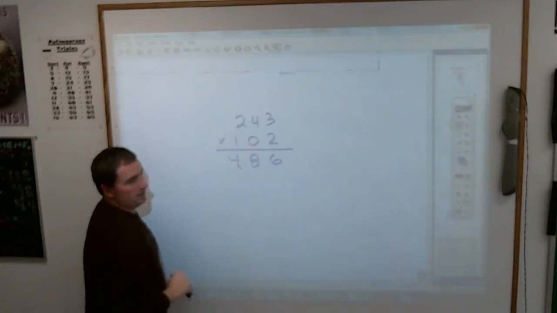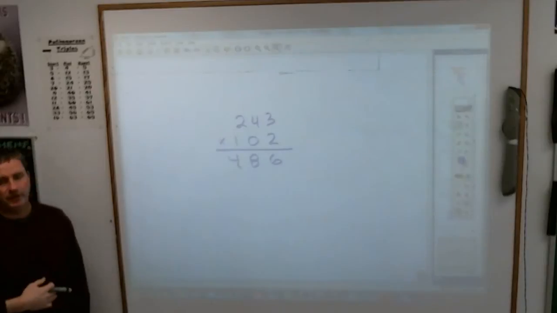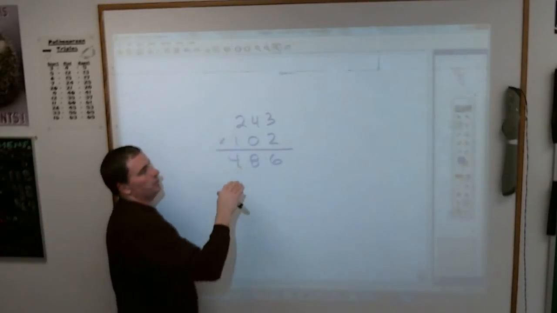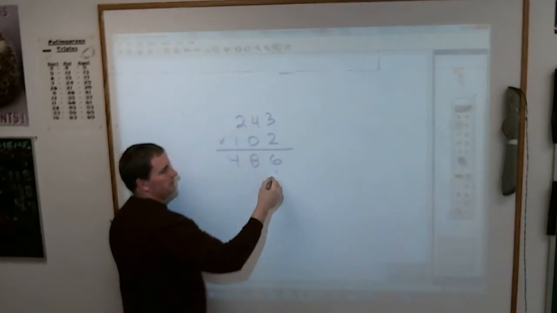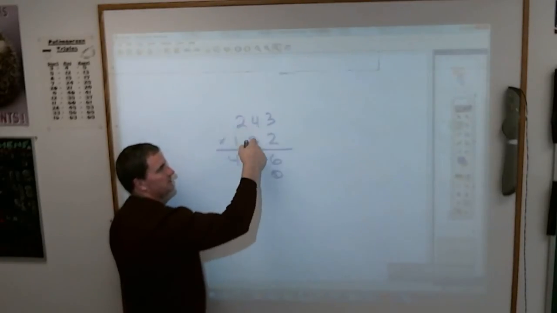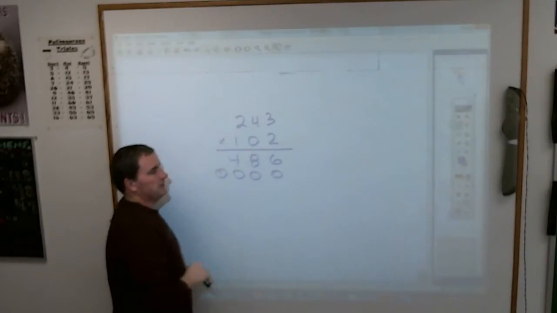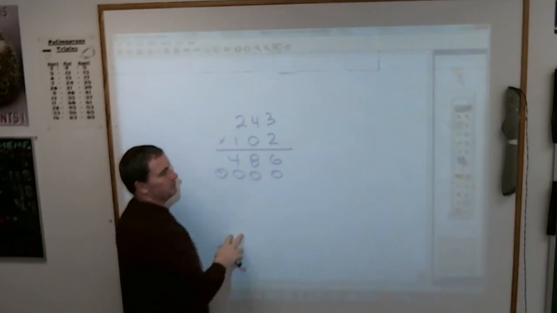Now, what about this 0 here? When I get to that middle 0, I would strongly recommend that you just go through and do it. Put a 0 down because you're in the tens place. 0 times 3, 0 times 4, 0 times 2 are all going to give you zeros. But that way, at least you know you hold that place down.